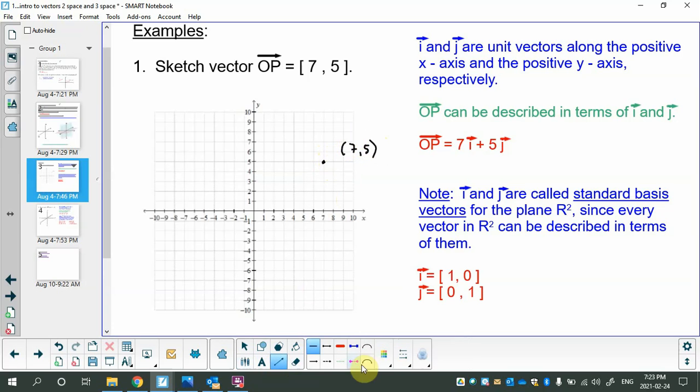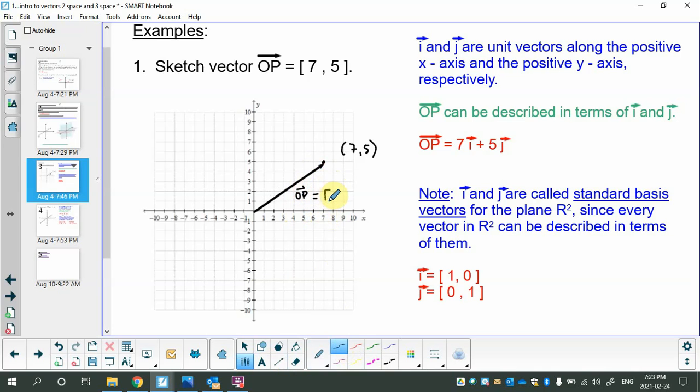But as soon as I do this, find the origin, connect it to the dot so that the tip of the vector is at the dot, I have just created vector OP. And I'm not giving it a single letter designation like v this time.